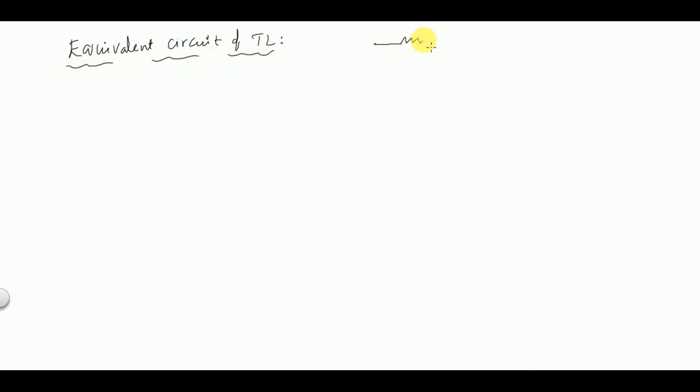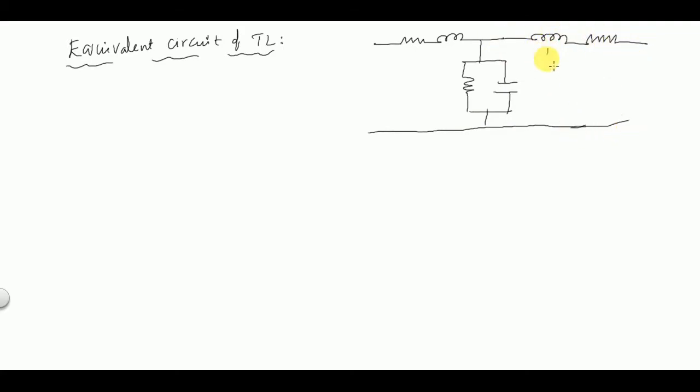The equivalent circuit is like this, with R, L, G, C. So this is the equivalent circuit of a transmission line. These R, L, G, C are called the primary constants of the transmission line.